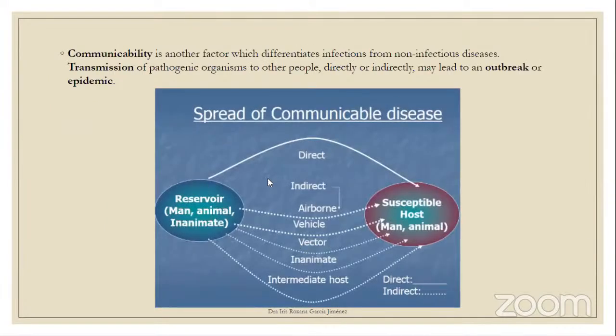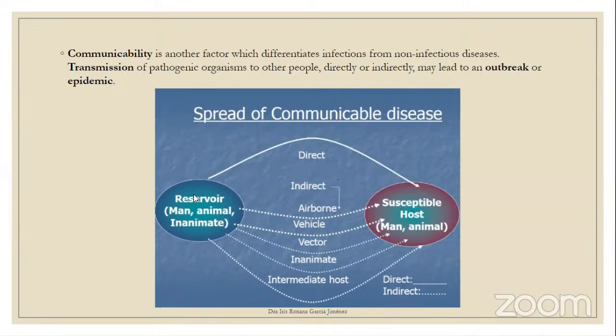When we check this chart, we must take into account that we got a reservoir and we got a susceptible host. The spread of communicable disease is how this reservoir sends us the microorganism to the susceptible host, and the susceptible host gets infected.